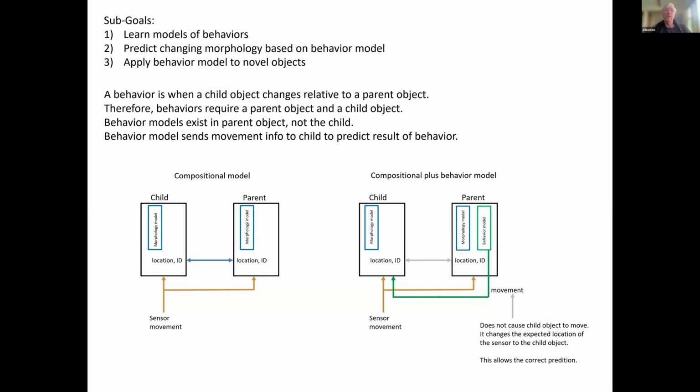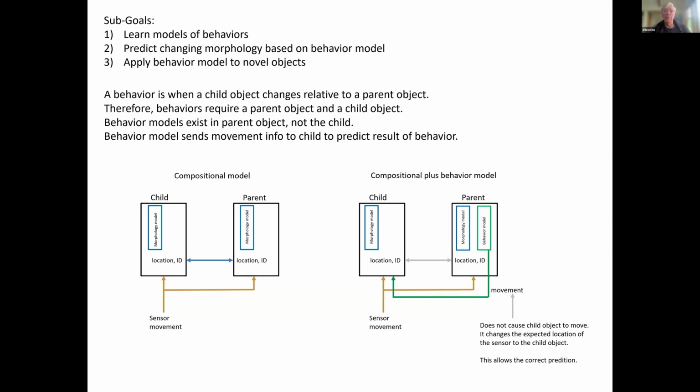It says, oh, I know how the stapler top is moving, therefore I can tell the model that's modeling the stapler top that it's moving through the world, but basically what's going to happen is that where the sensor is going to change. So there's these two sources of movement information.